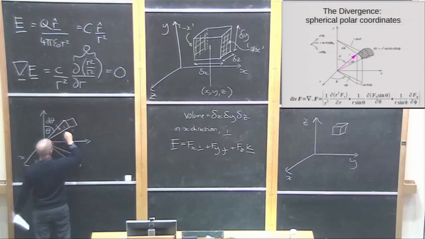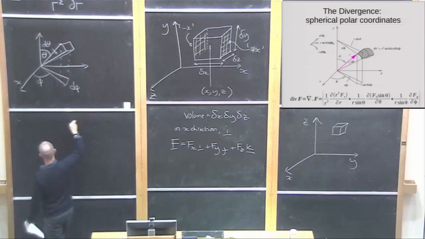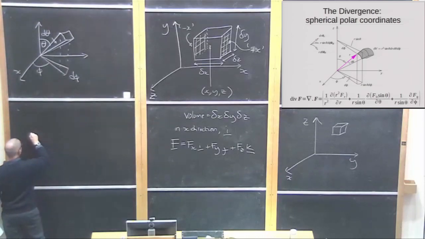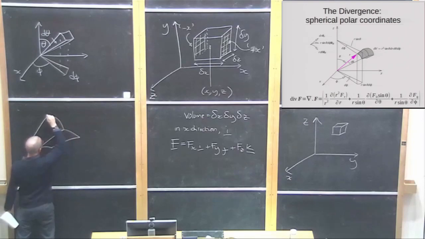Then I end up with a shape that looks a bit like that, except if I zoom in on that shape, then I have a shape that looks something like this.